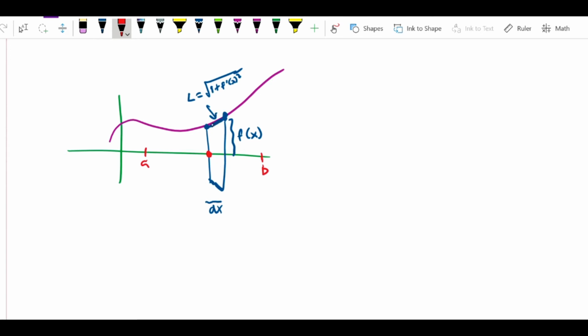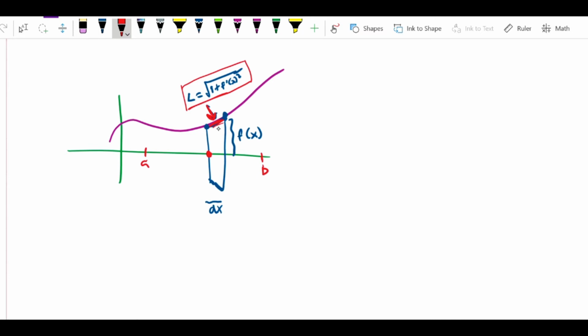We know how to find the approximate arc length from that point, because we just did that through this formula. That gives us the length of the hypotenuse that approximates the true arc length. We can think of the surface of revolution as being formed by forming a whole bunch of these frustums, with the hypotenuse that I'm pointing at being the slant height of the frustum. I know it's a height on its side, but it's the slant height of the frustum.